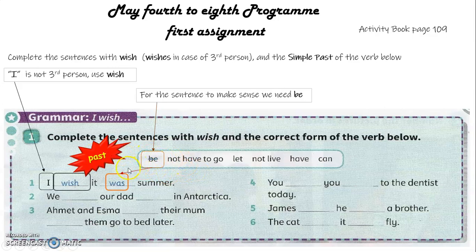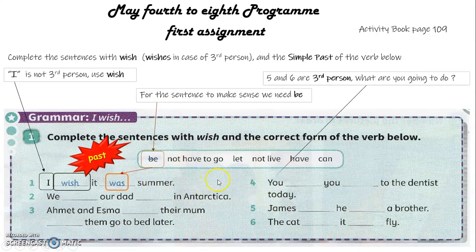So use the past. Remember, you have as options was or were, but if you want to use were in these cases, there's no problem in the case of wish clauses. So the sentence reads, I wish it was summer. So I guess that now we've explained the example, you can do the rest.